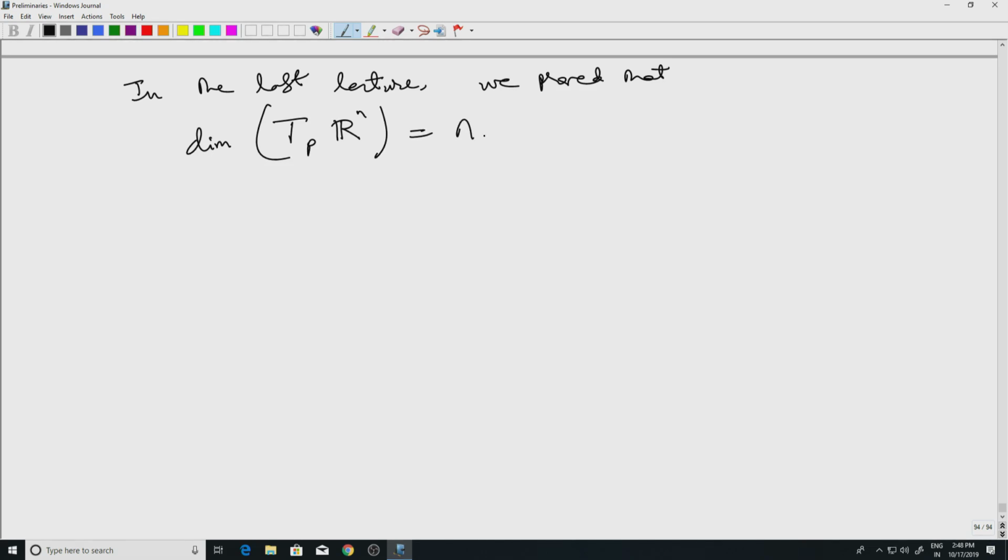I didn't state it in these terms, but in the last lecture I showed that if you start with any derivation on Rn, with our new notation a derivation on Rn would be an element of Tp Rn.